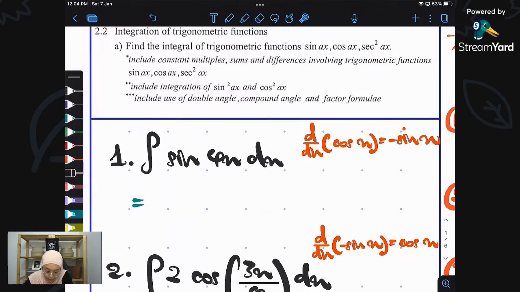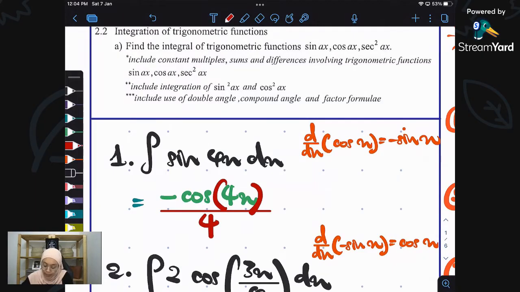So the answer is negative cos 4x, not just that, but together with a division, divided by 4. And then we must put plus c. This is the answer for the integration of sine 4x.